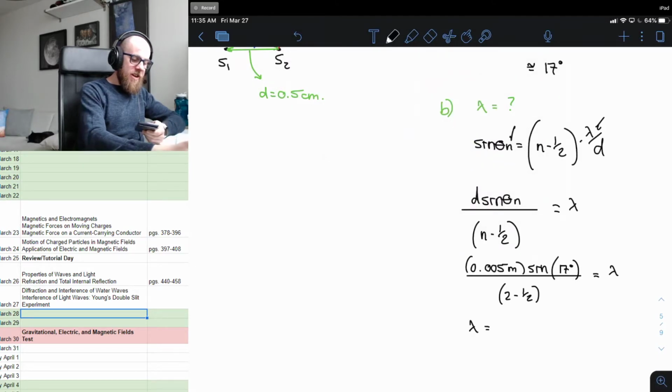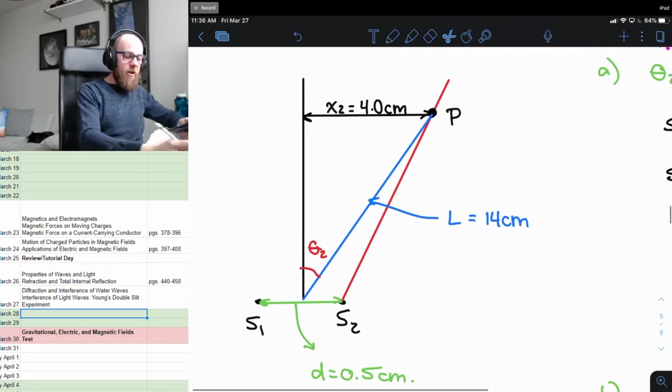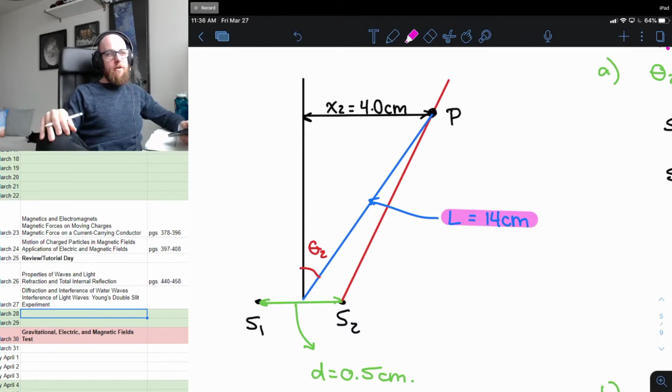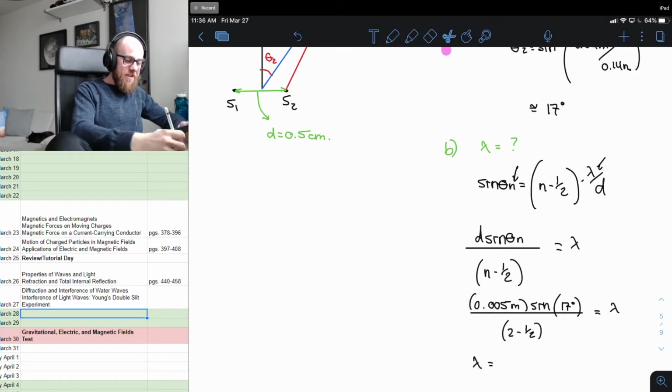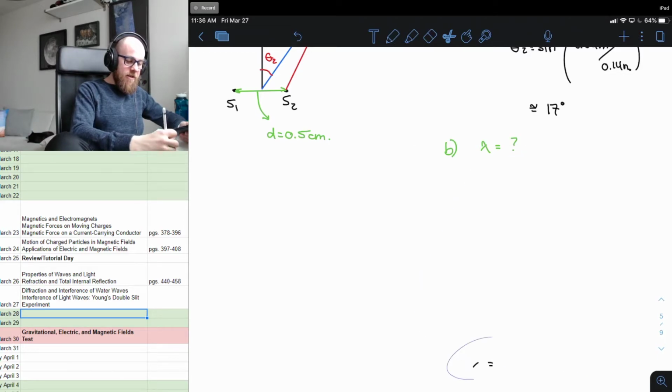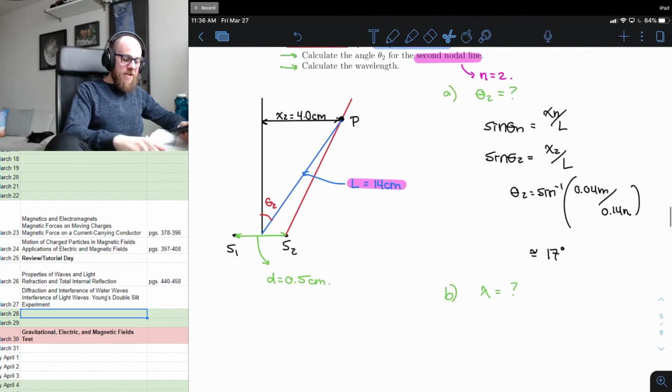Hold on one second here. Yeah, so there's a lot of formulas involved here. One thing that I didn't use at all here was the fact that the distance between my midpoint and my point on my nodal line was L. So let's back it up a second. Sorry. Let's retry that one.